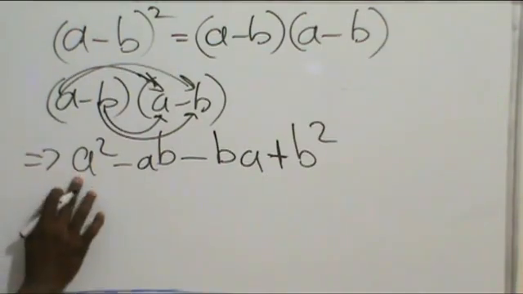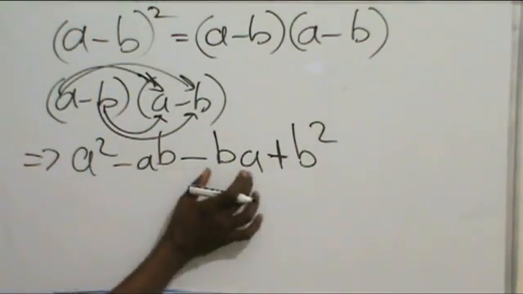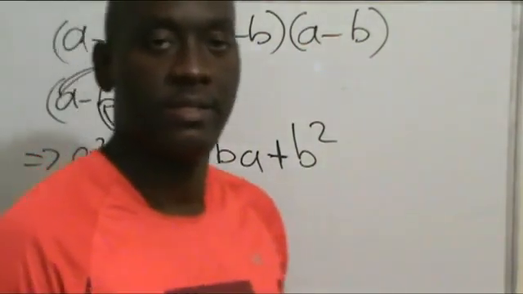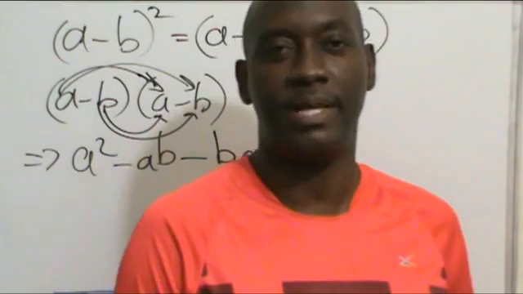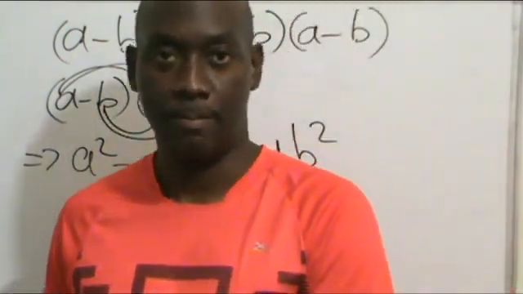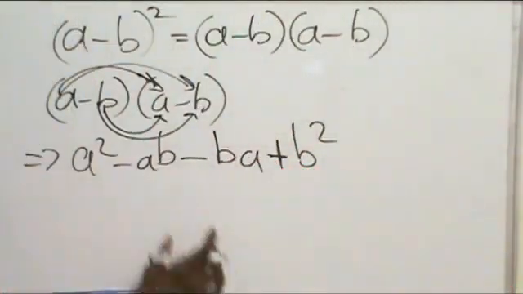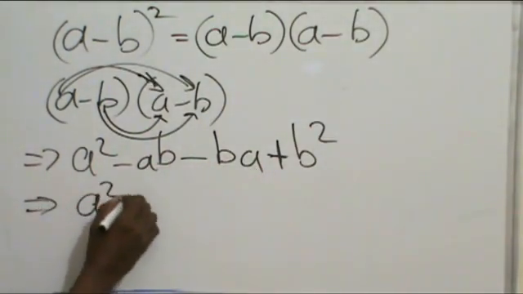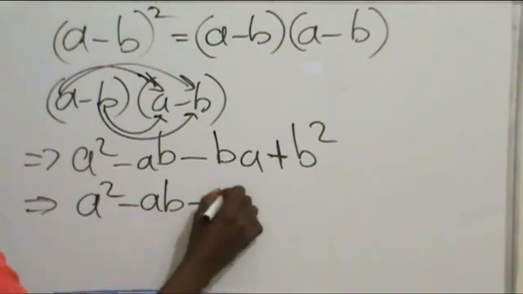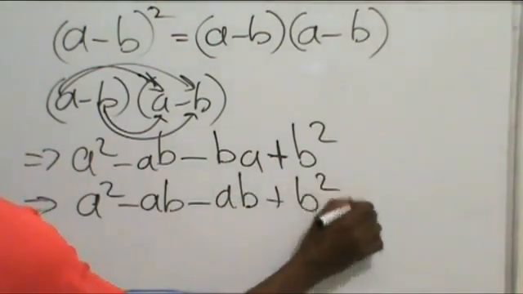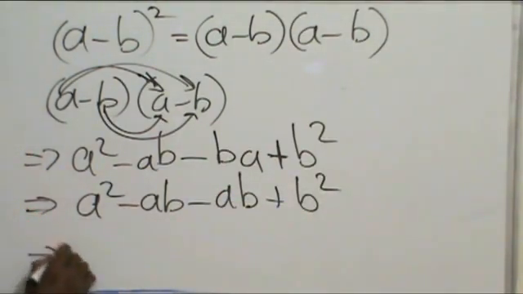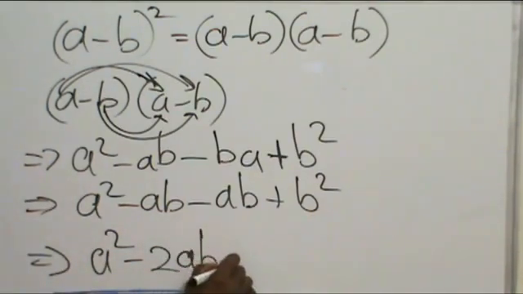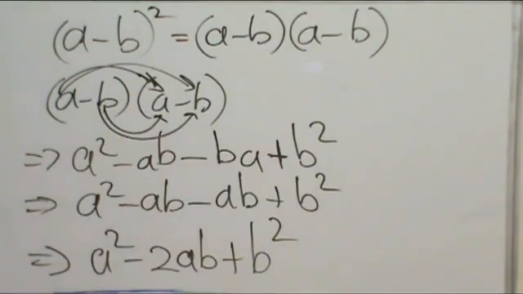So that's a squared minus ab minus ba plus b squared. We established in the last one that a multiplied by b is the same thing as b multiplied by a. So if ab and ba are the same, we can write this as a squared minus ab minus ab plus b squared, which is the same thing as a squared minus 2ab plus b squared.